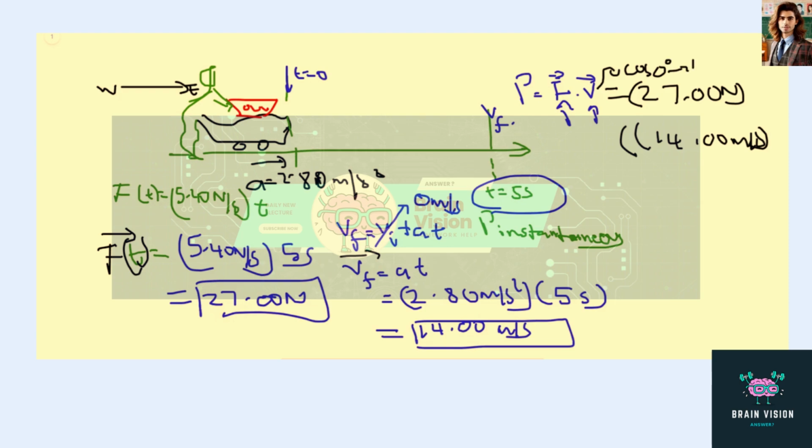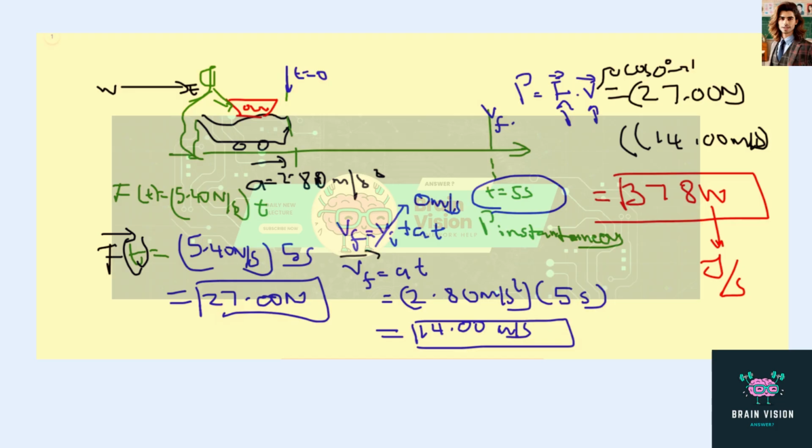So it doesn't make a difference because the cart and the crate are moving in the horizontal direction. If you multiply 27 newtons and 14 meters per second, you get 378 watts. Remember, a single watt is the same as joules per second.